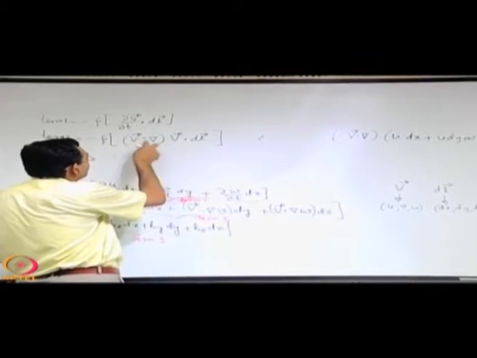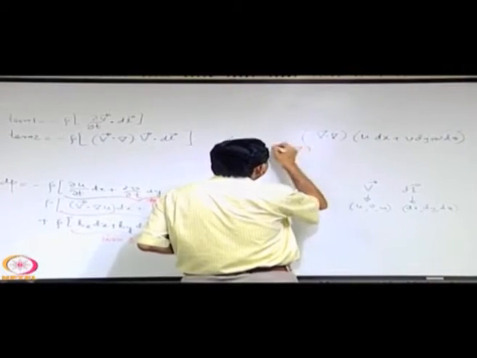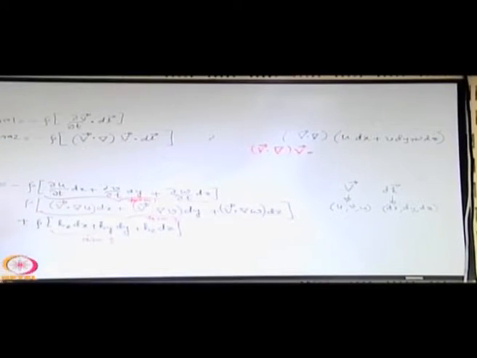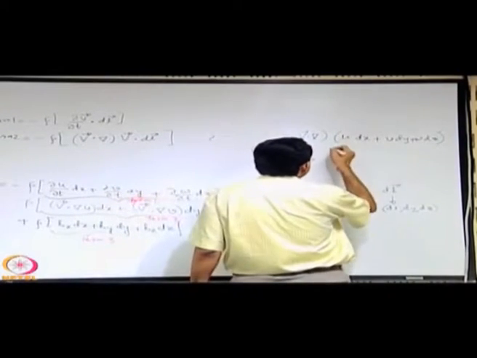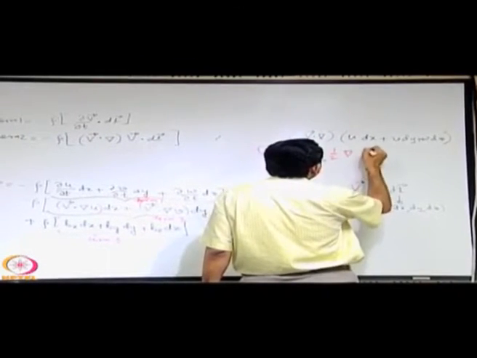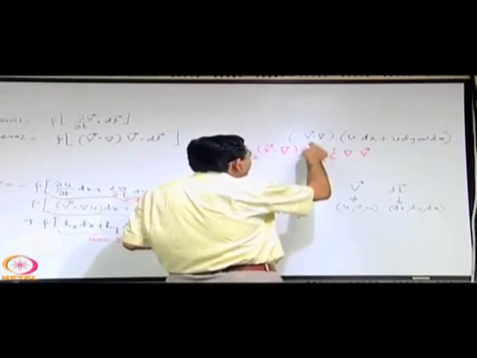Now, it is possible to simplify the v dot del v using a vector identity. What is that? So, v dot del v is equal to... One important thing we will see is whether the bracket is to be put here or after the v.